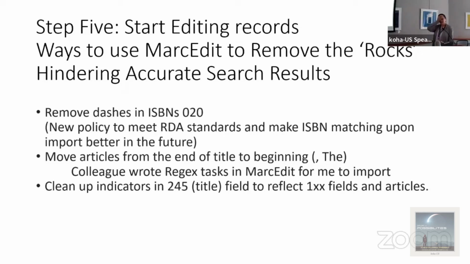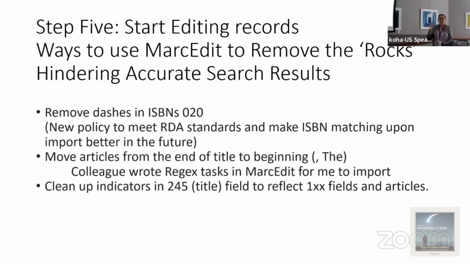One of the things is we have 24 libraries. Everyone does it different. You think everyone does it different in the US, just try to imagine global. So I had some libraries that put spaces instead of dashes, but the standard is nothing, just the number. So I did that.